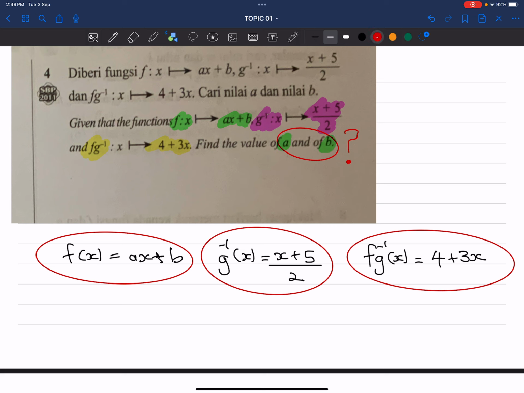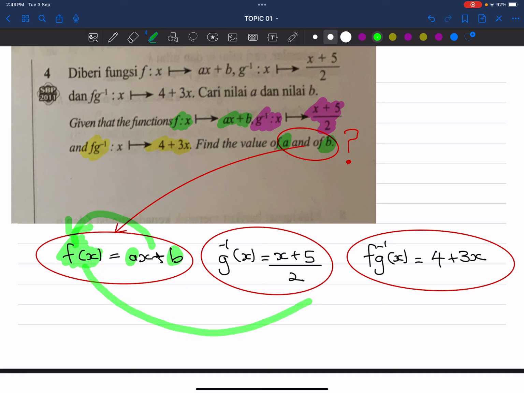So now we go to the function involving a and b. A and b is connected to the function f.